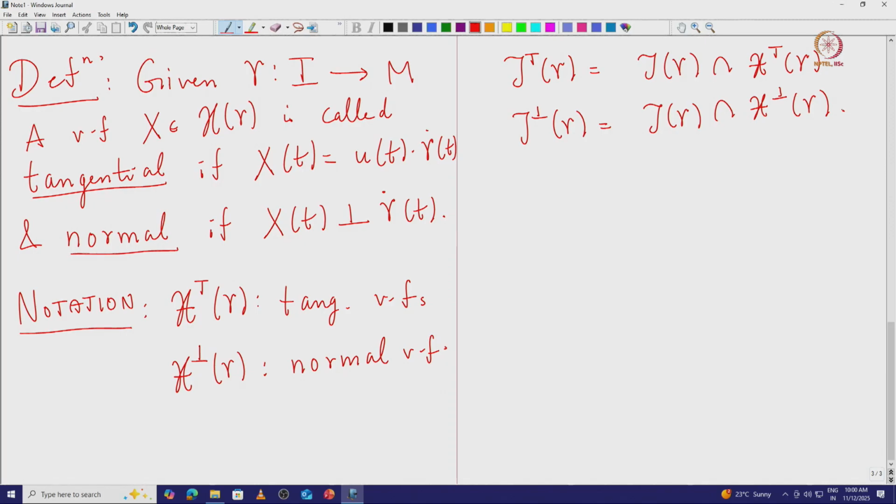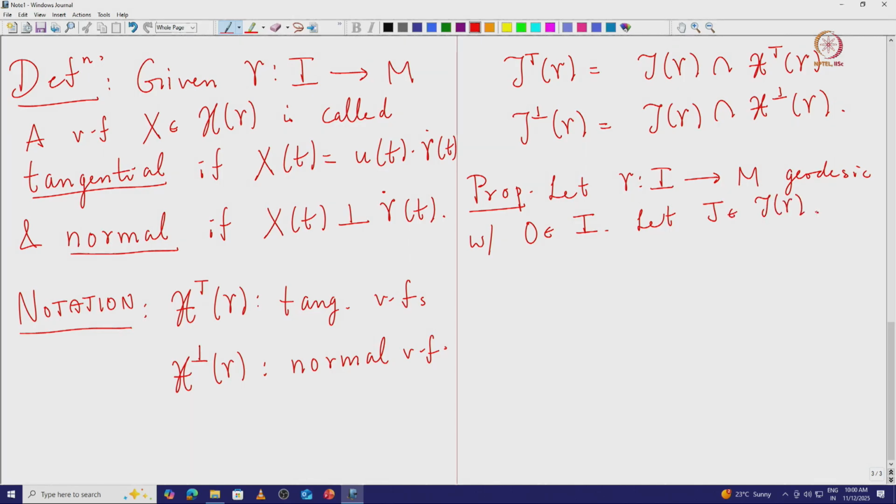Okay. So we have the following elementary proposition which characterizes all the normal Jacobi fields. Let gamma be a geodesic with, let us say, 0 in I, or some t naught in I, and let J be a Jacobi field. Then we have the following.